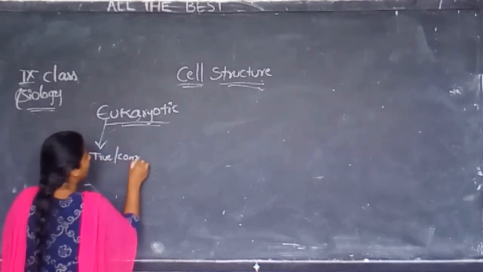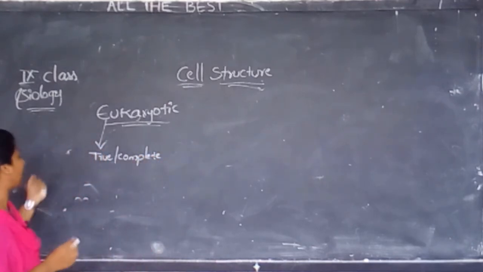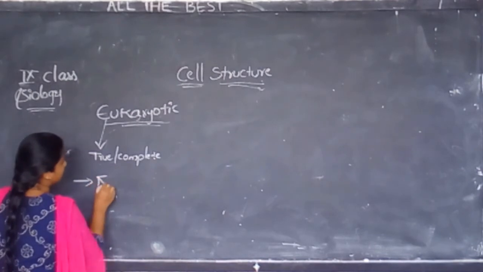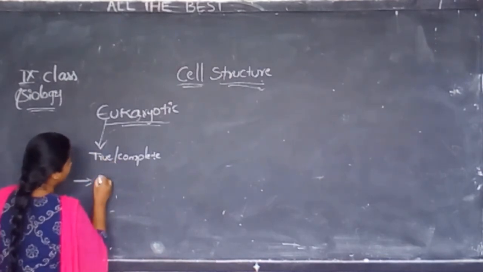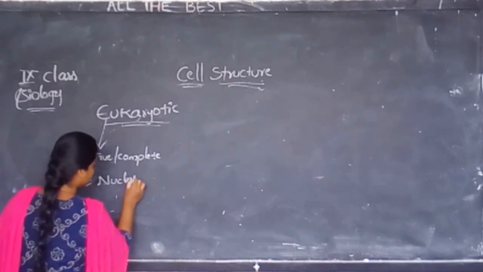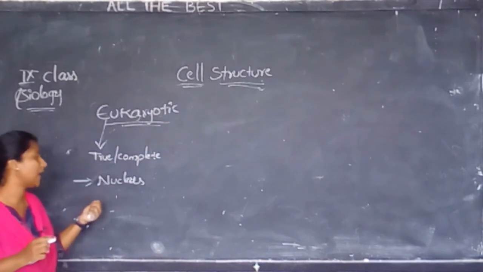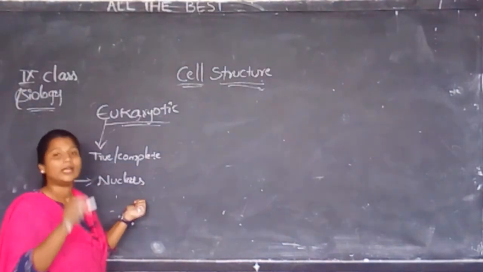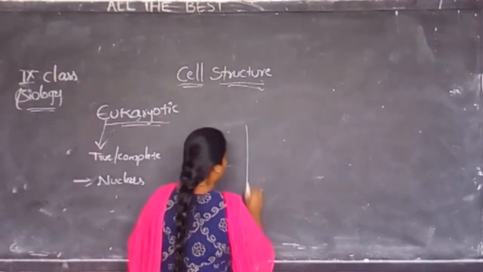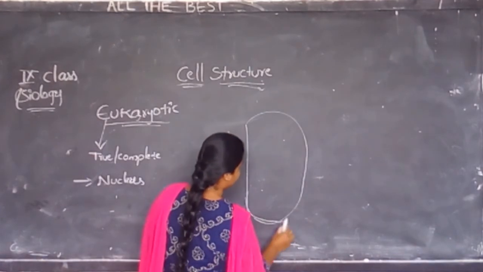It consists of a nucleus. The genetic material of these eukaryotic cells is enclosed by membranes. We'll see the diagram now.